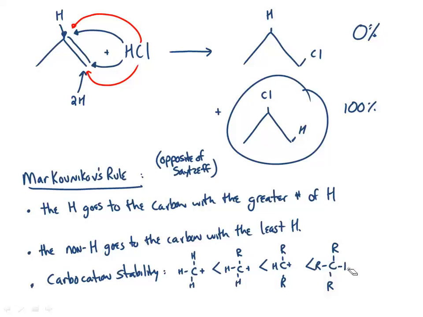Oops, that's a plus sign there. And so this end is the most stable. This end is the least stable. And if you remember, we also called these, because it's easier than writing the structure, primary, secondary, and tertiary carbons.